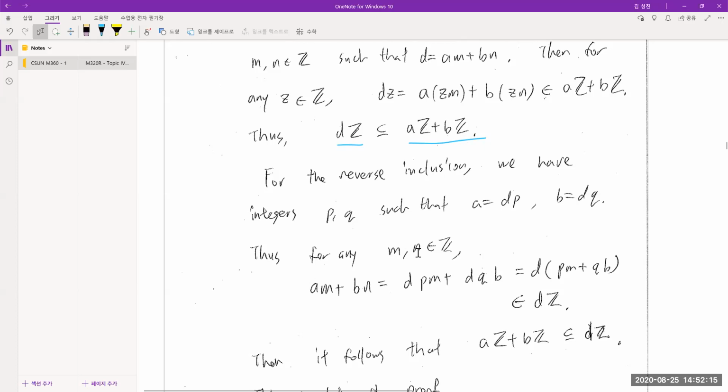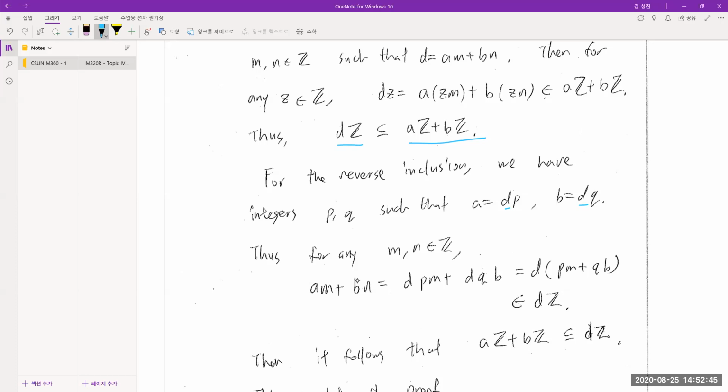So for any m and n in the integers, am plus bn, we are going to prove that this is a multiple of d. But that's quite easy because d was proven to be the greatest common divisor of a and b. So a must be divisible by d, b must be divisible by d.